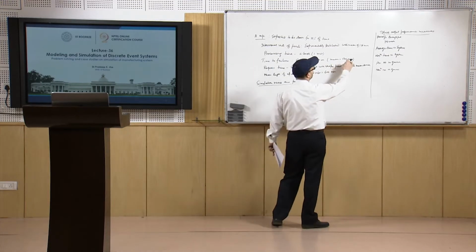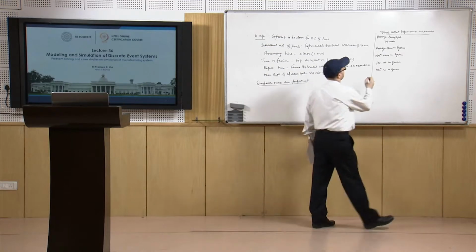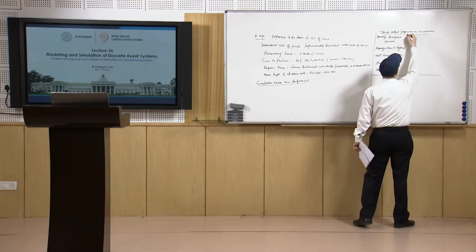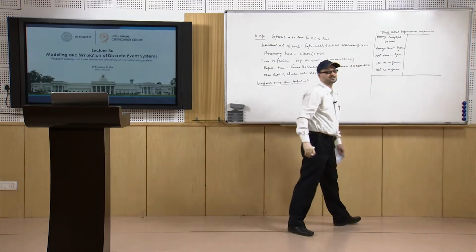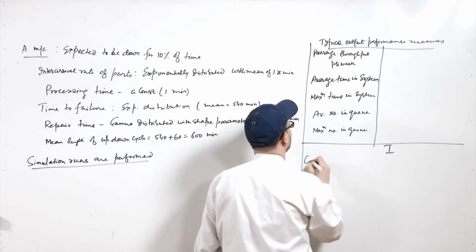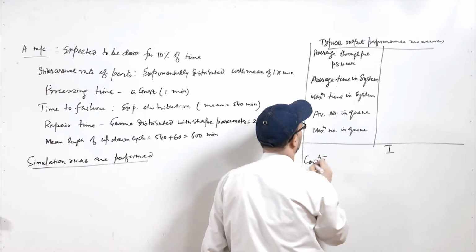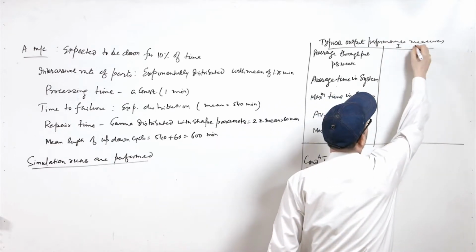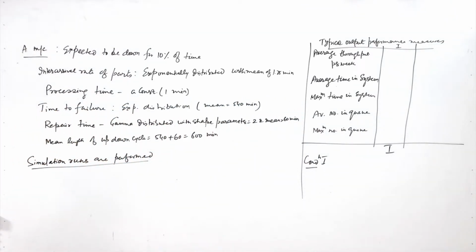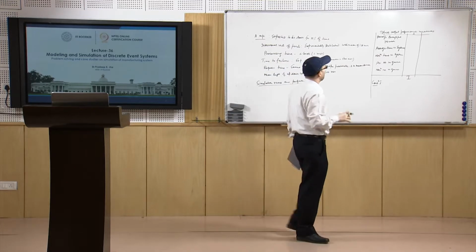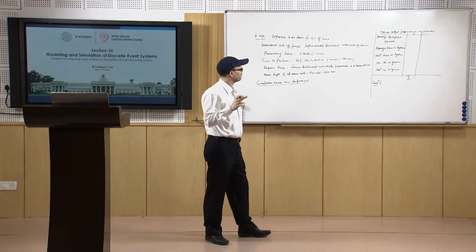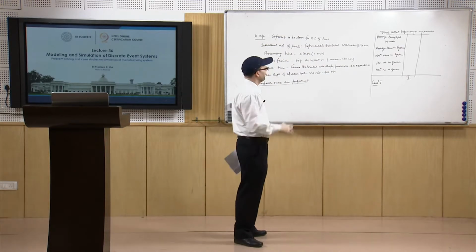Using these values, if you take the mean time to failure as 540 minutes, what we see is that you have different conditions, like condition 1. If you do the simulation, it has been reported in the Law and Kelton exercise; you can do it on Arena, or you can have your own code and solve it.